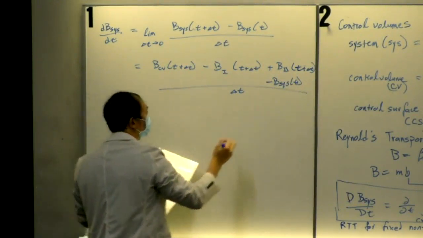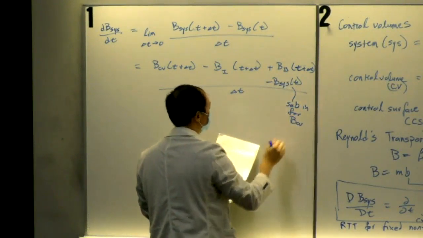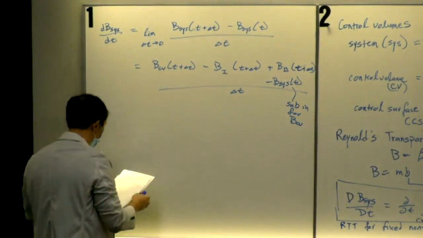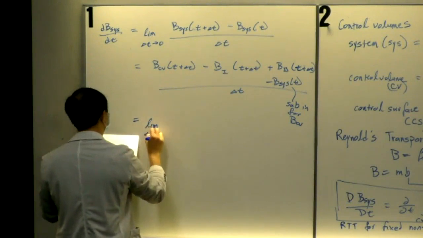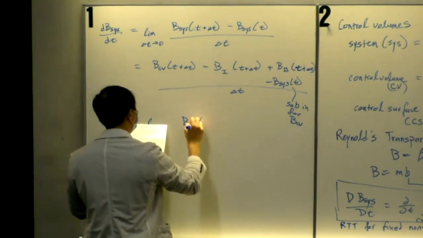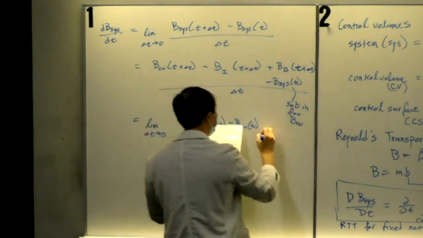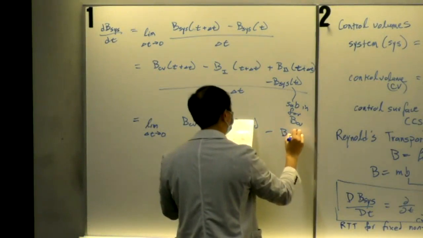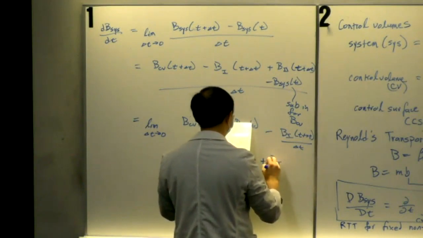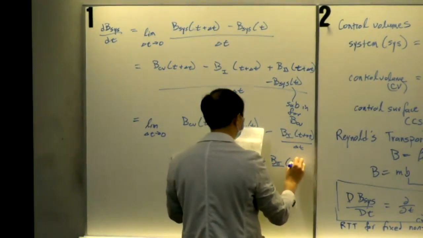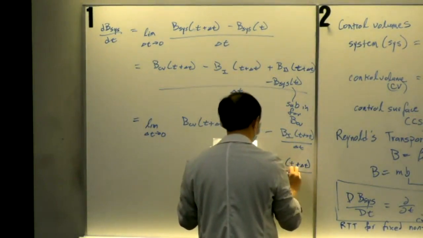And we're going to substitute in for B control volume, so they coincide. And that gives us the following 3 terms. We got limit... All right.